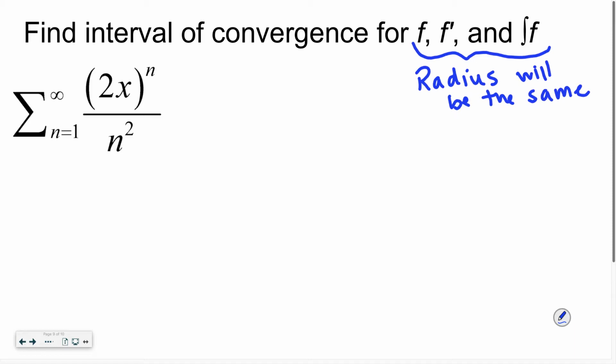Okay, Mrs. Homan, how do we find a derivative of a series? Same way you would of a function.